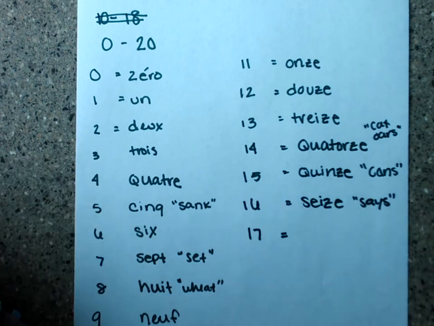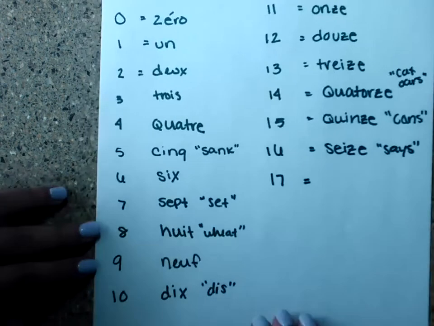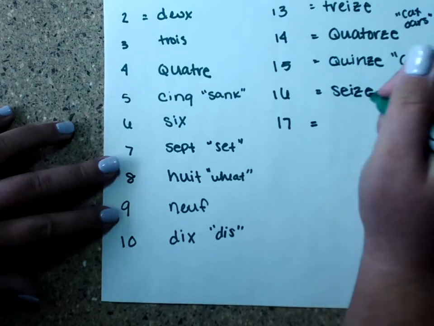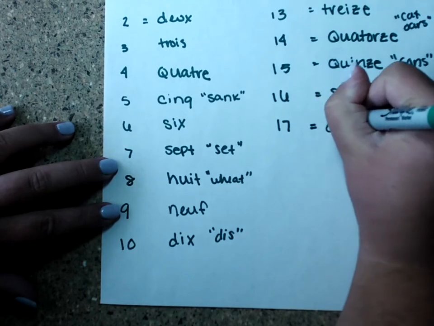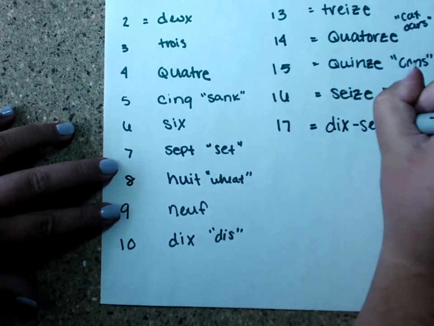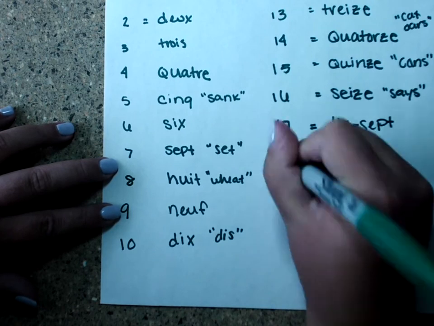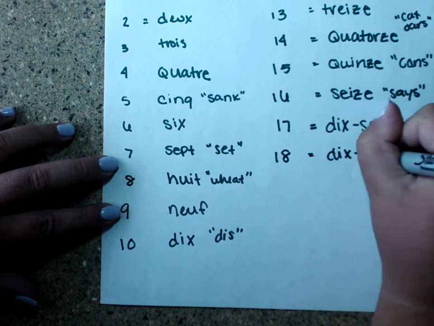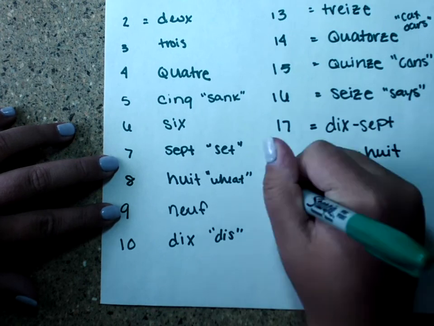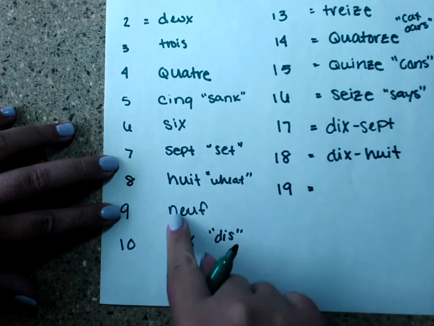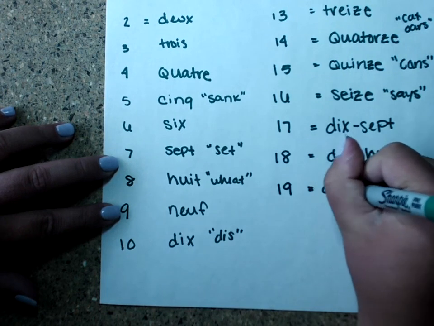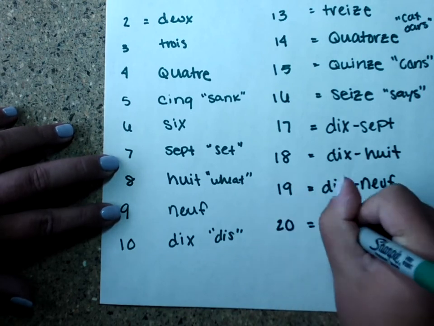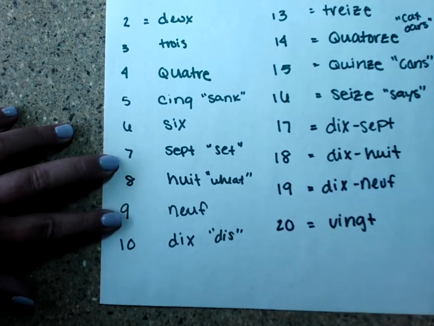17 kind of gets really nice. So we're going to combine two numbers. We're going to combine 10 and 7 to get 17. We got to do some math. So 17 becomes 17. 18, we do the same thing. 10 and 8 is 18. 19 is the same. So 19. And 20 is 20.